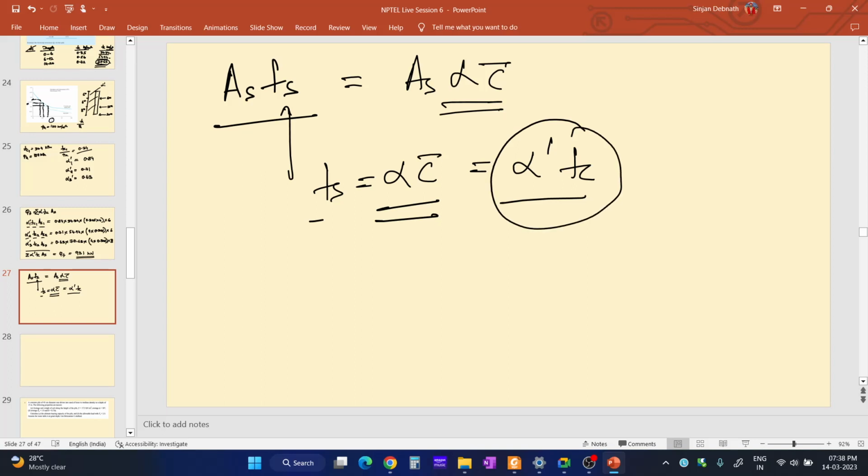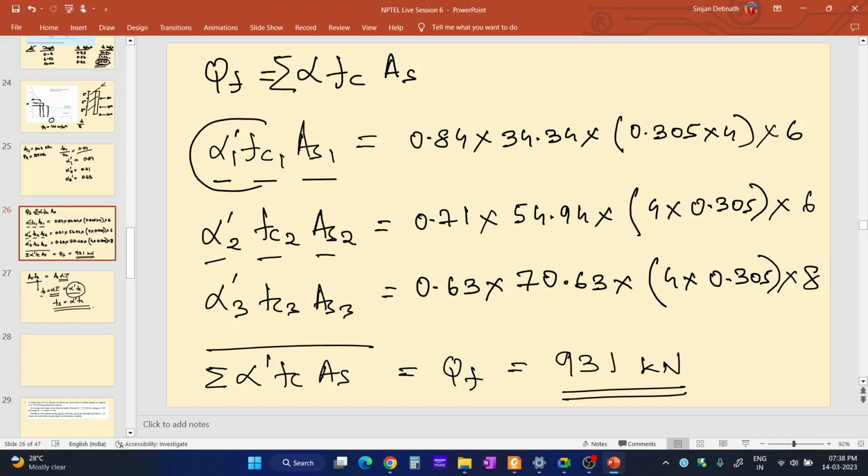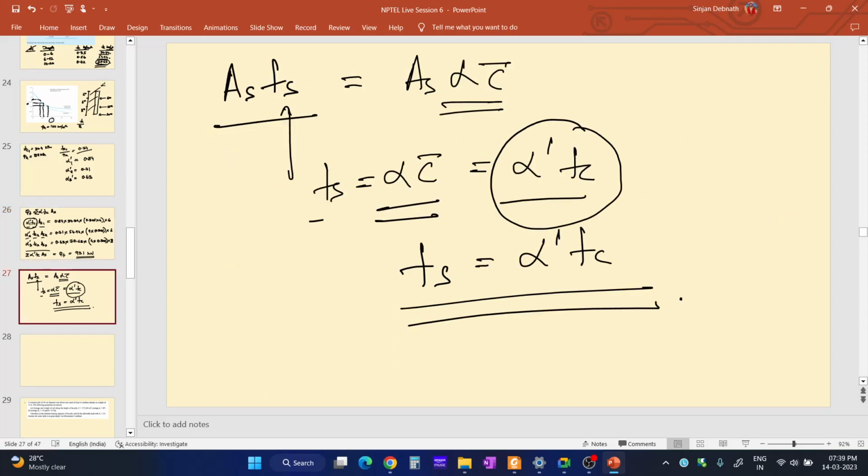That is why we multiplied the adhesion factor with FC. So FS, the unit skin friction resistance for this problem, is equal to alpha dash into FC. We multiplied alpha dash into FC to find FS, and FS into AS gives QF, that is the skin friction resistance. So I hope you have understood this.